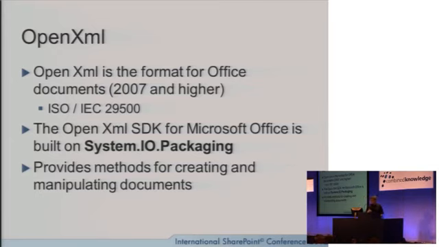And these documents are basically CAB files with all of the elements within that Word document or that Excel file bound up into that CAB file in XML. And the advantage that this format gives you over the old traditional binary formats from pre-2007 is that it's much easier to manipulate those documents using code.